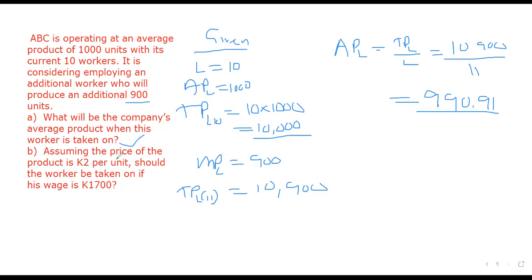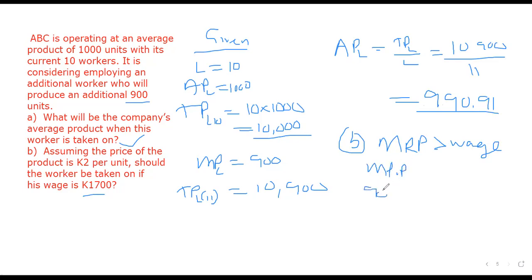Part 2: assuming the market price is 2 kwacha, should we employ at a wage of 1,700? Our rule is the marginal revenue product must be greater than the wage. How do we get the marginal revenue product? Who remembers? It's the marginal product times the price.